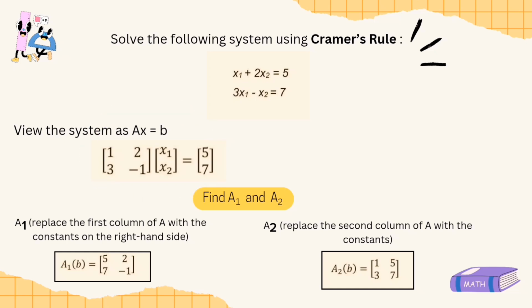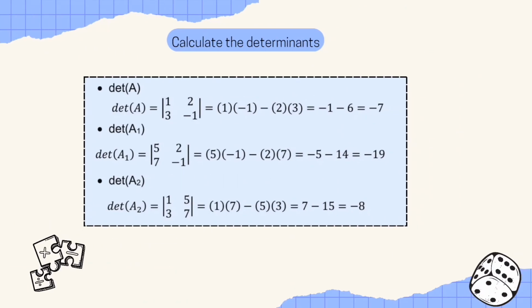We will create two new matrices, A1 and A2. For A1, we replace the first column of the coefficient matrix with the constants from the right hand side. And for A2, we replace the second column of the coefficient matrix with the constants. To solve this using Cramer's rule, we need to calculate the determinants of the coefficient matrix and the two modified matrices.